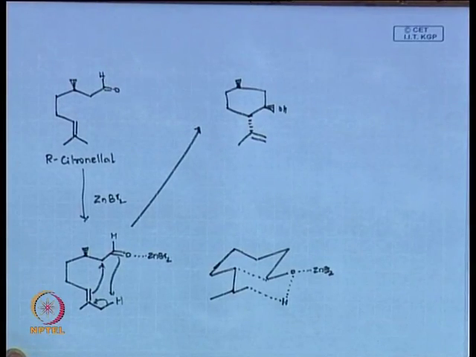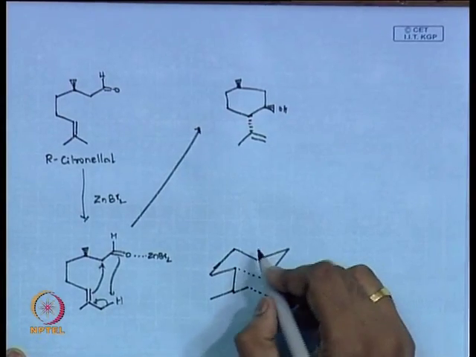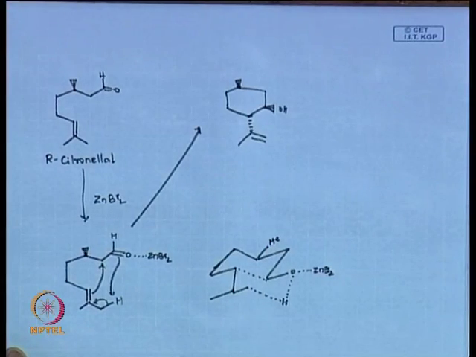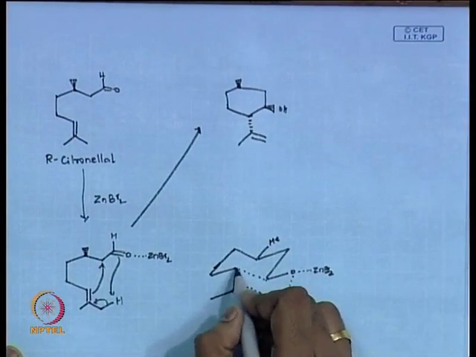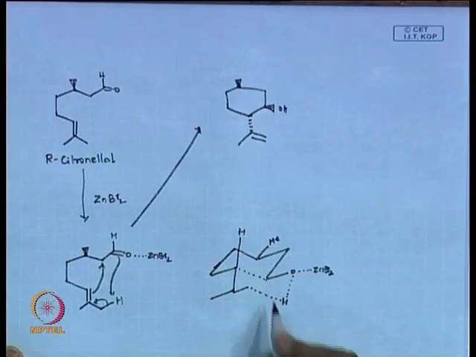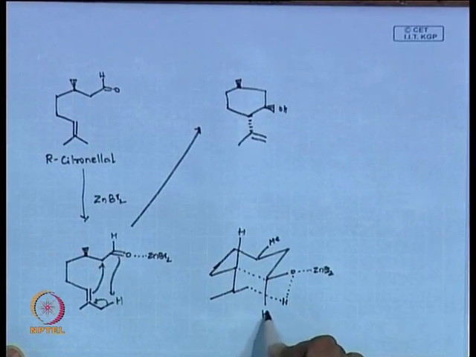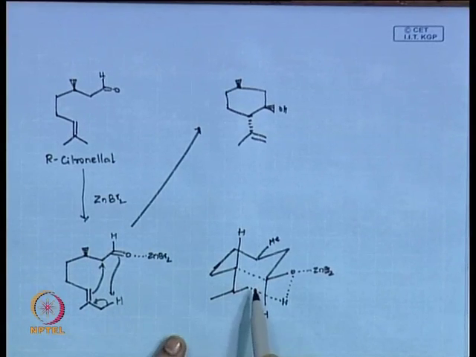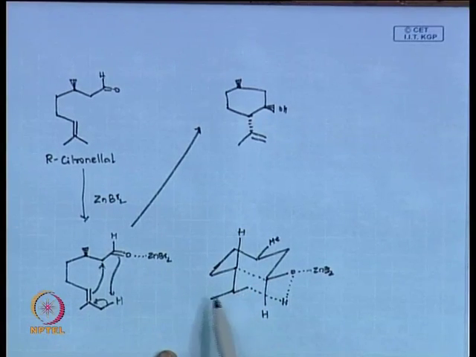Now we will fix your methyl, because methyl, you know, favors equatorial. I have my hydrogen here and my hydrogen here. This can be drawn like this in the transition state.